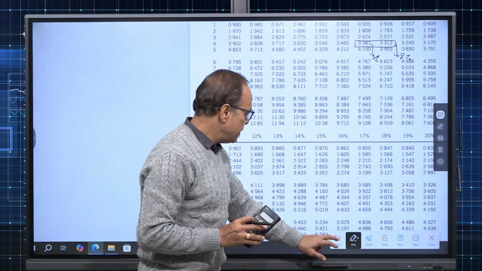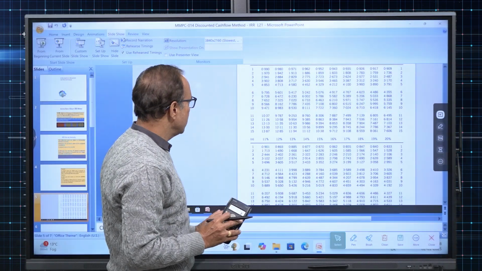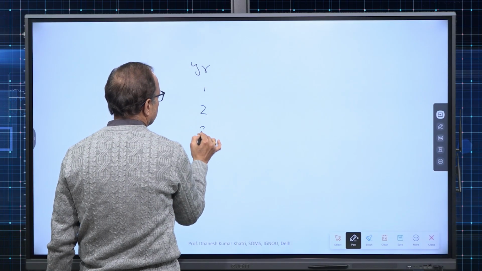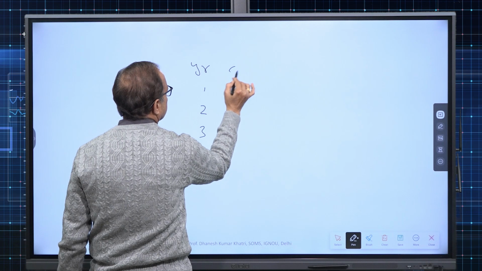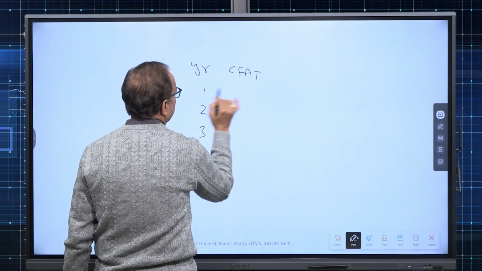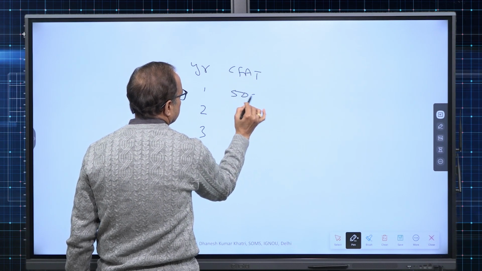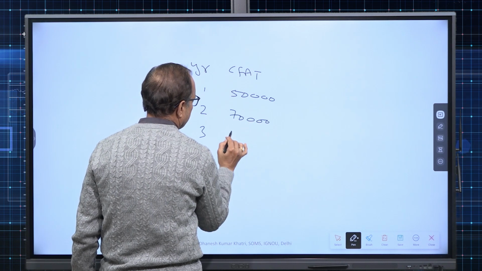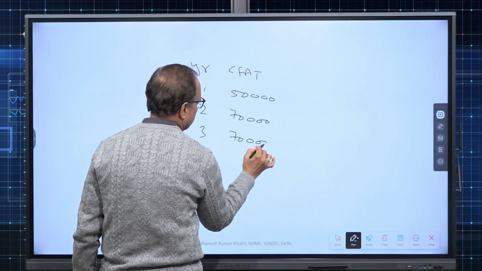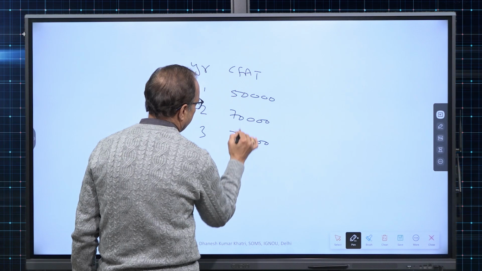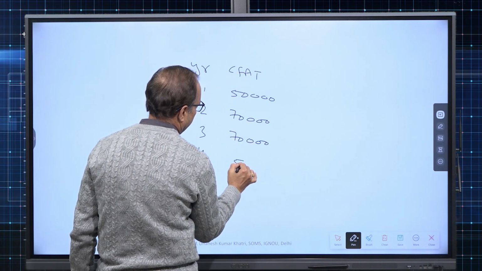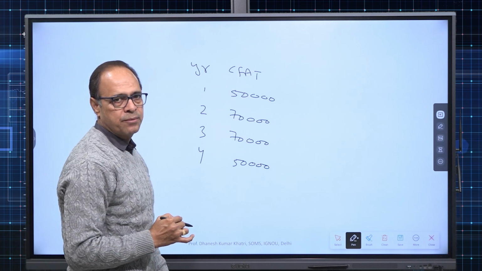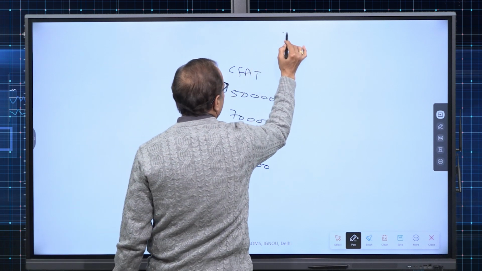Now, after getting the hint, we again go to the same table which we created, year 1, 2, 3, 4. CFAT, 50,000 was in first year, 70,000 was in second year, again 70,000, and lastly 50,000. So, we get 240. Our target is 2 lakh.